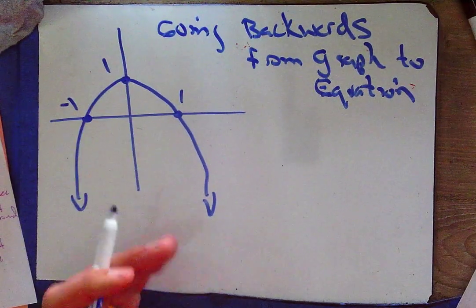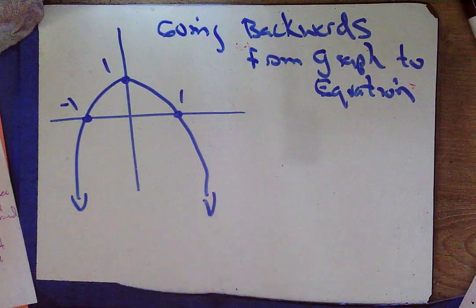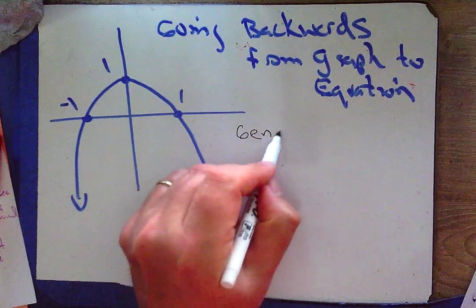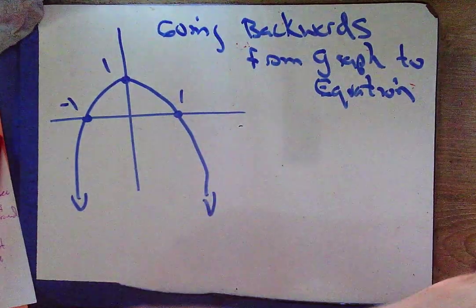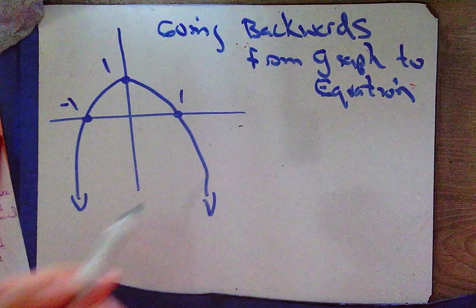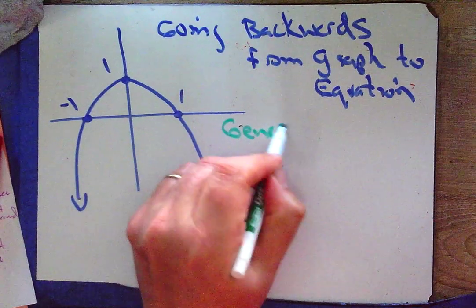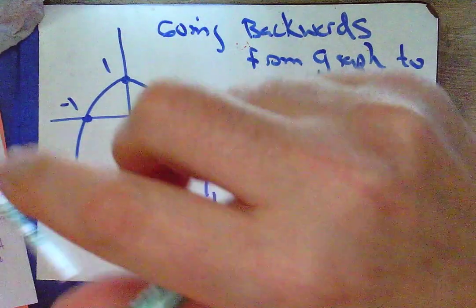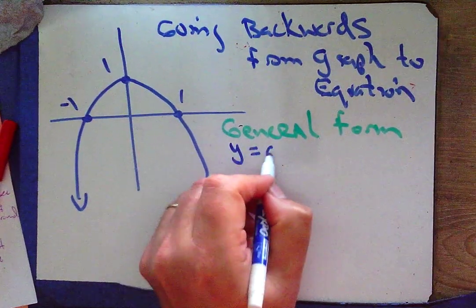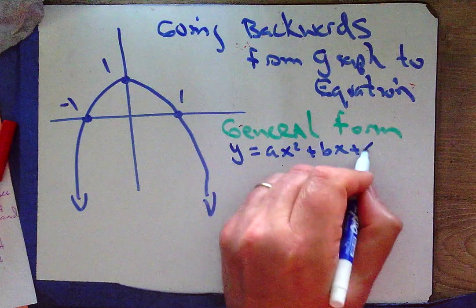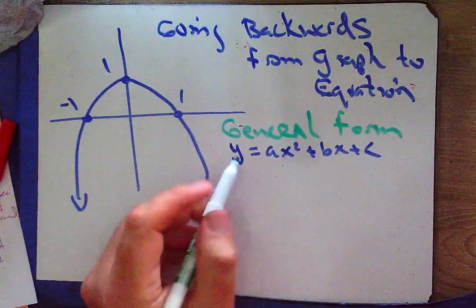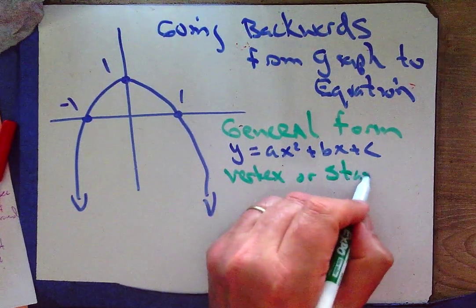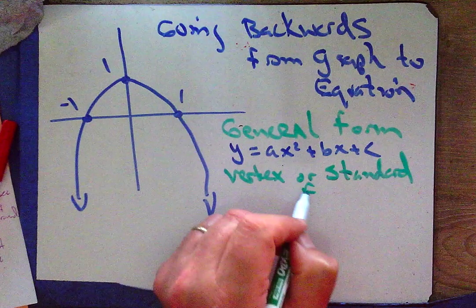Okay, so now when I go backwards, I've got those 3 choices that we talked about in the last video. We have general form, which is y equals ax squared plus bx plus c. And we have vertex, or standard form.